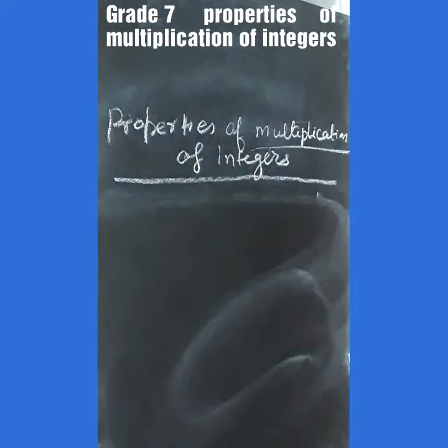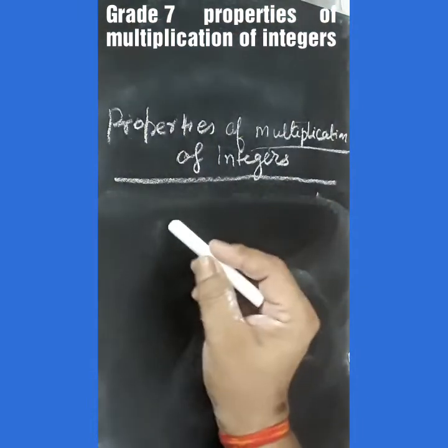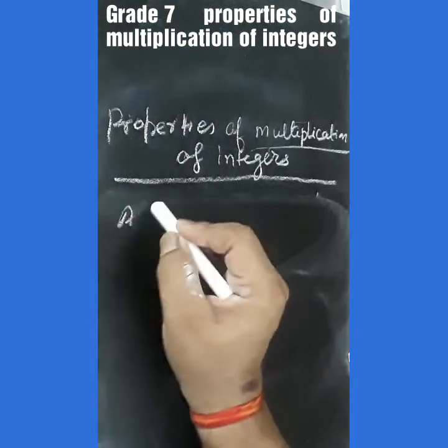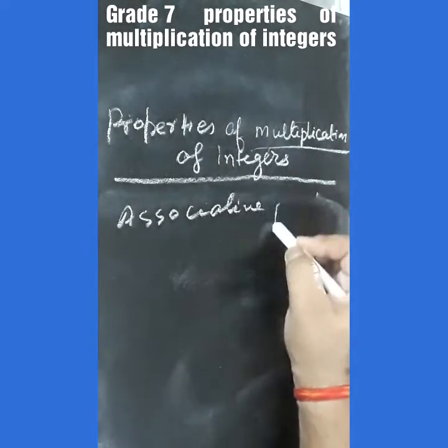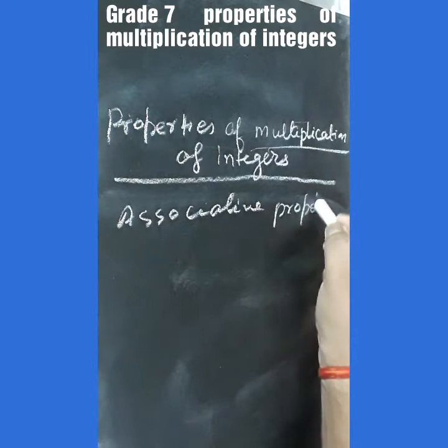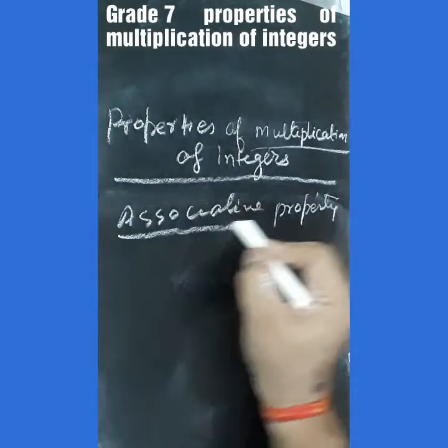Now we will see associative property of multiplication for integers.